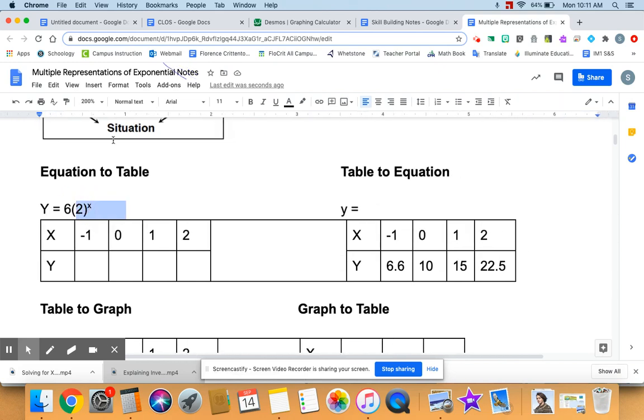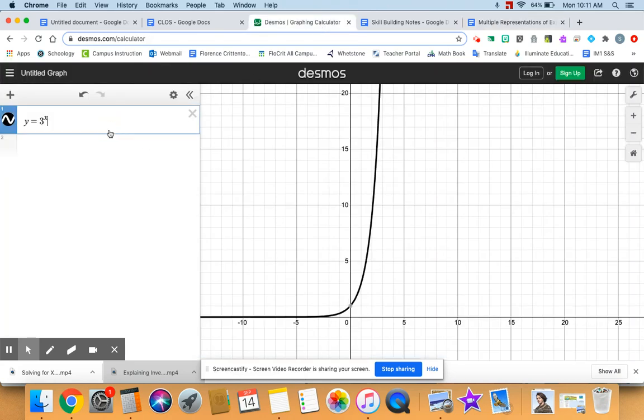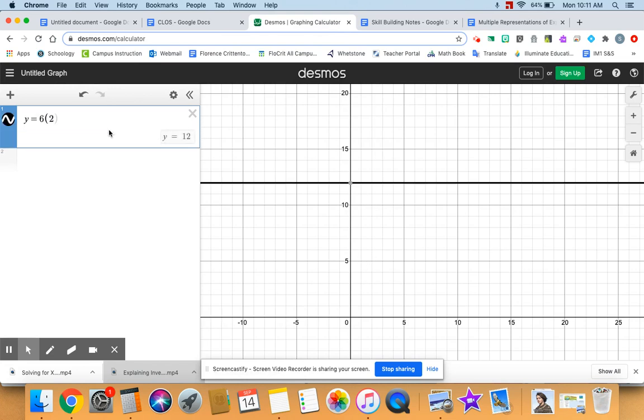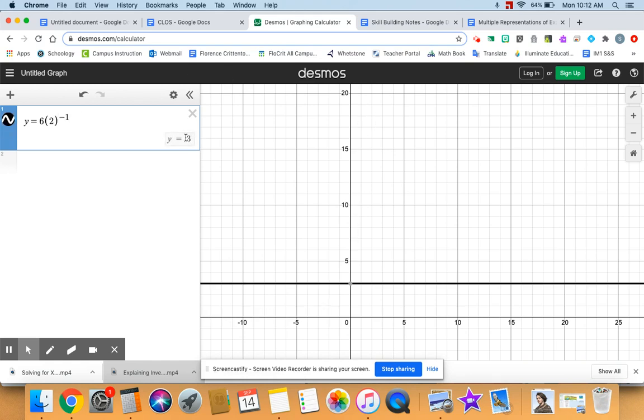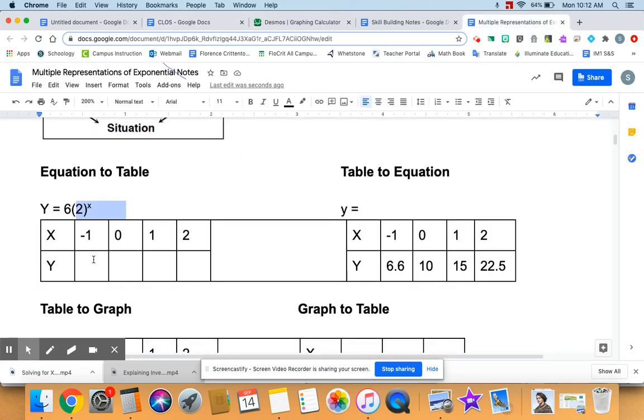So I'm going to take the equation and put it in my calculator. So it was y equals 6, parentheses 2, to the power of x. But then let's say instead of x, I put in negative 1. Well, then it tells me my answer, y equals 3. So then if I go back to my notes, in that case, y was 3.